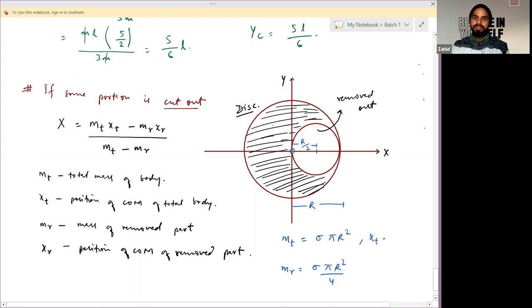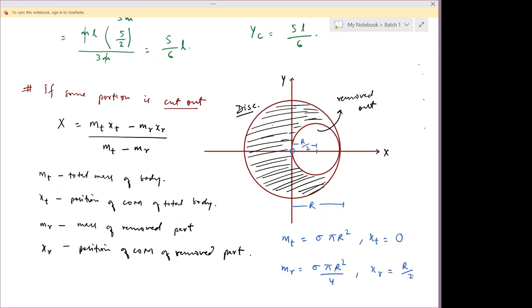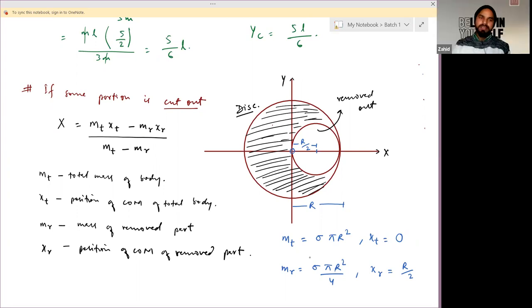So X total, the position of center of mass of the total body, will be at origin. And from that point, the center of mass of the removed part will be at r by 2. Is it clear? Yes, sir. Now put these terms in the above formula and simplify it to find the value of x. Try to solve.